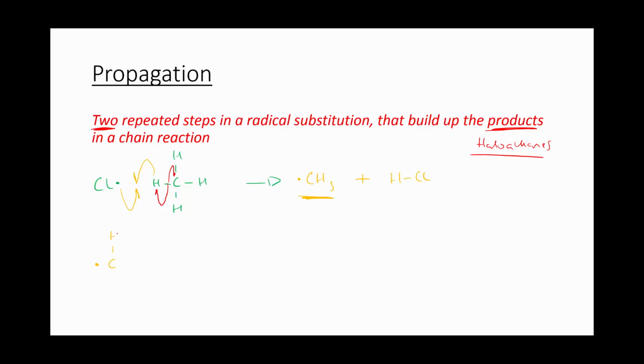Now, one important thing while I'm drawing this out is you have to recognize that it's the carbon atom which has the unpaired electron. It's not the hydrogen atoms, it's the carbon atom in the CH3 which actually has the unpaired electron. Okay, so we've got the CH3, and what we now do is we just react it with chlorine, because that's what we started off with.